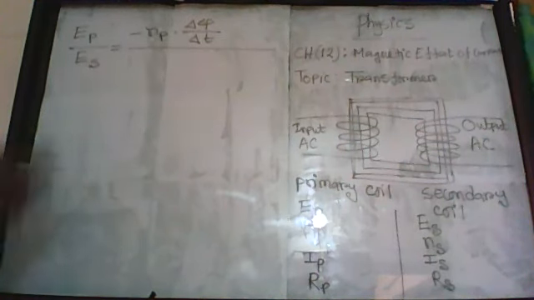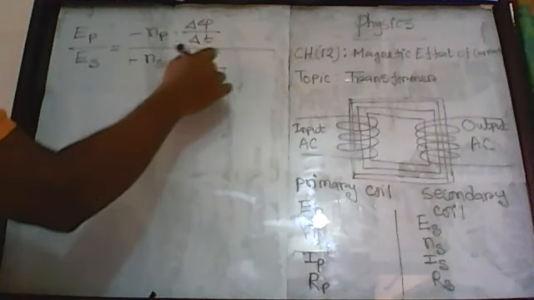And then ES, that is NS multiplied by delta phi divided by delta t.